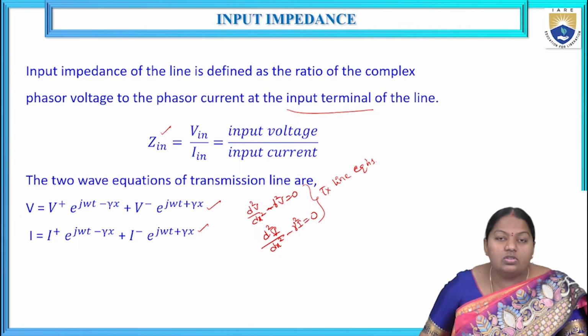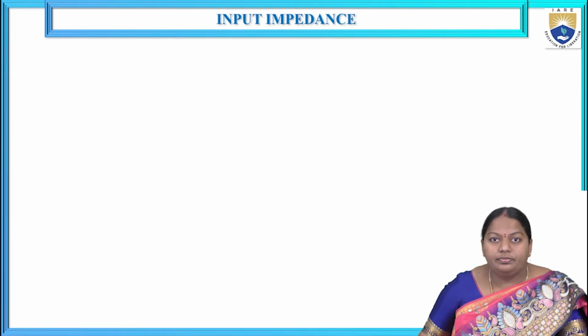So basically it consists of two traveling waves, one towards forward and another towards backward. Depending upon the directions, we have the arbitrary constants V plus, V minus, I plus and I minus, which respectively represent voltage and current arbitrary constants.